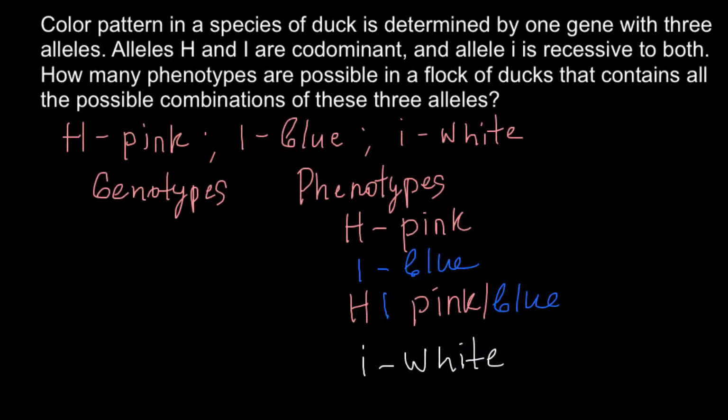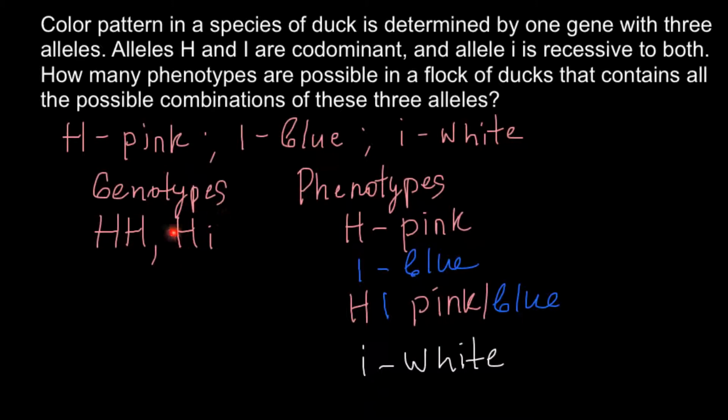Now let's list the genotypes that would make all these phenotypes. For the pink color, we may have 2 genotypes. The first one would be capital H and capital H, and the second one would be capital H and small i. It is understandable that capital H and capital H would produce pink color.